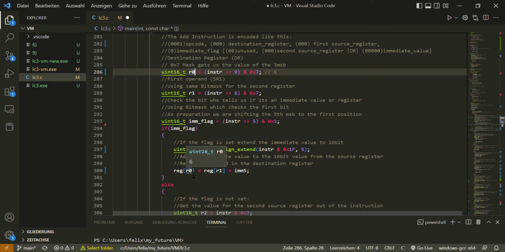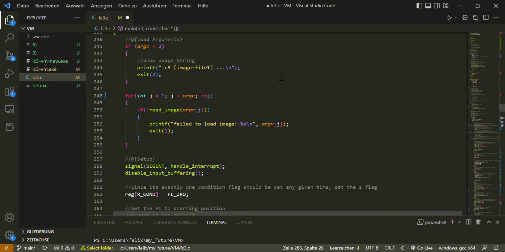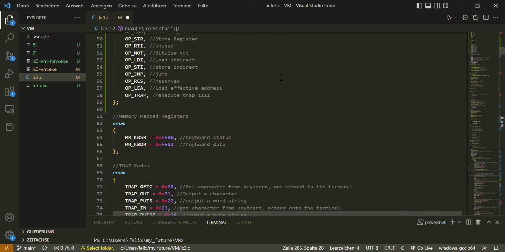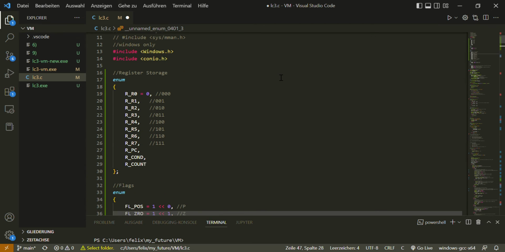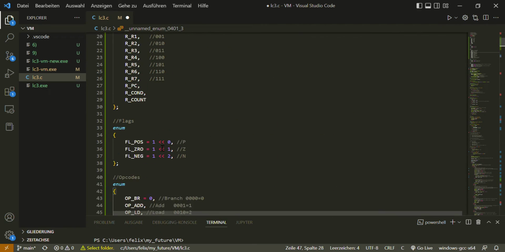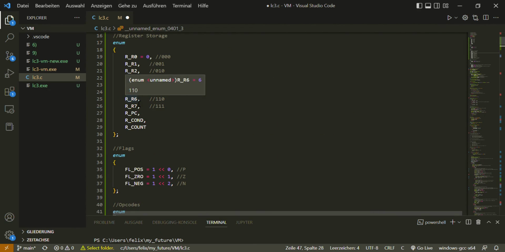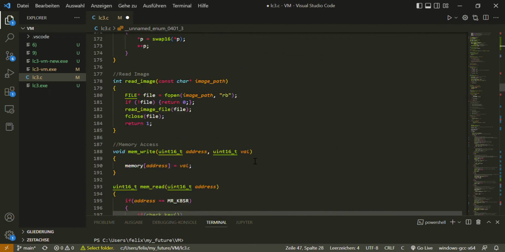We are storing the value in 6, okay? And index 6 for the registers would mean 0, 1, 2, 3, and so on, not R7, our final register. No, here 6, register 6. Okay, perfect.